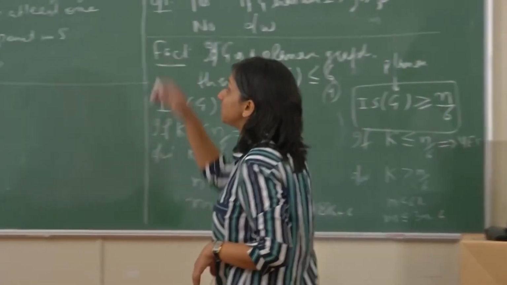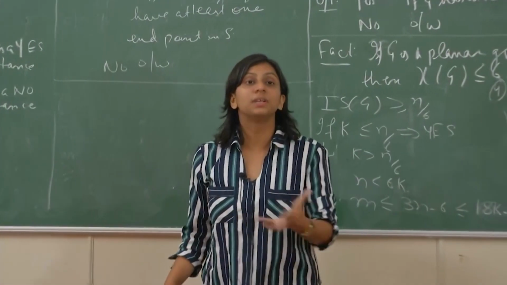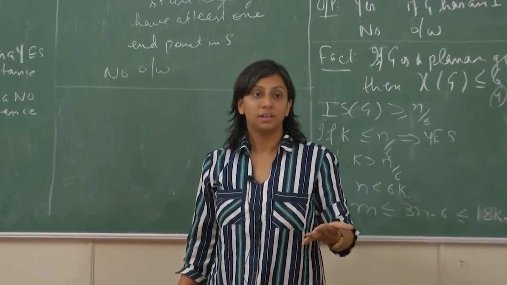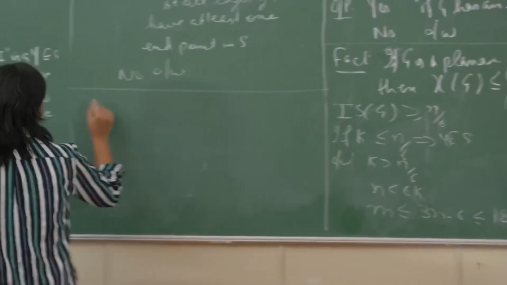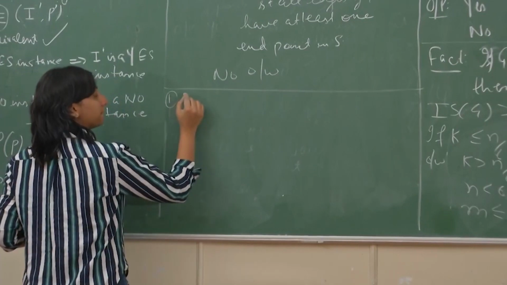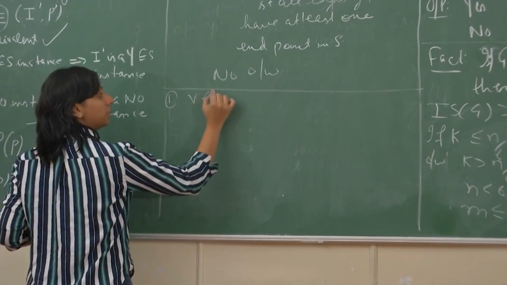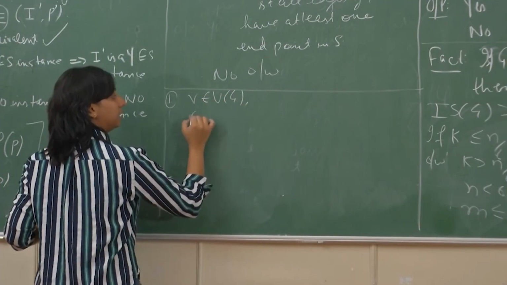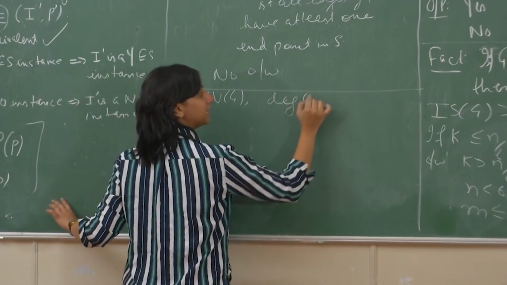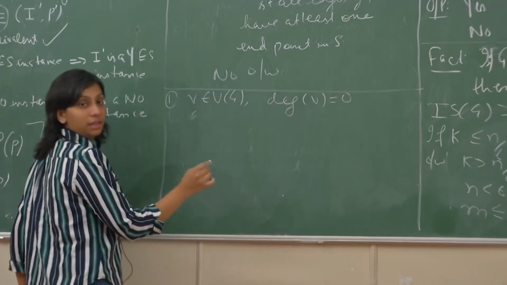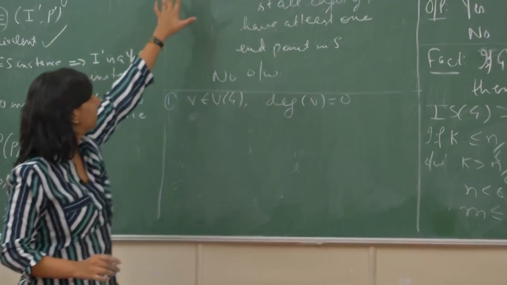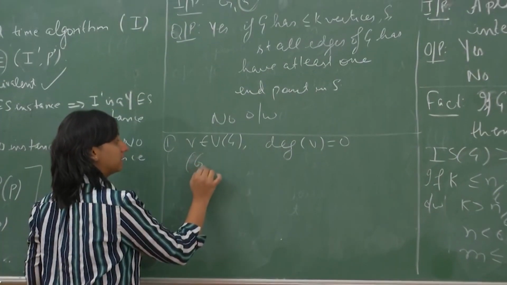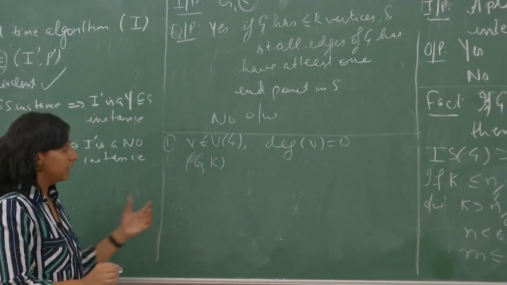Definitely, as we saw in the morning, if there are any isolated vertices in the graph, we can delete them. In other words, suppose v is a vertex in the graph such that the degree of v is 0, so it's an isolated vertex. An instance of vertex cover is of the form G comma k.